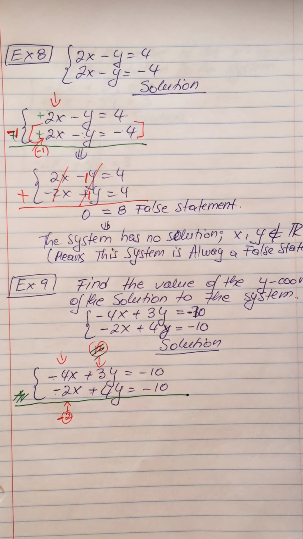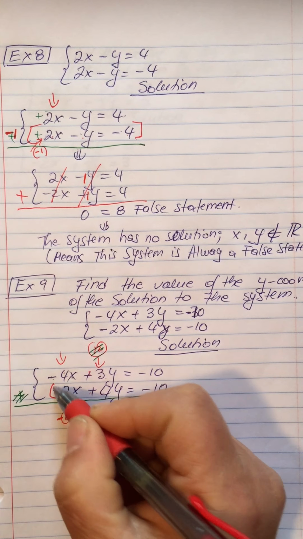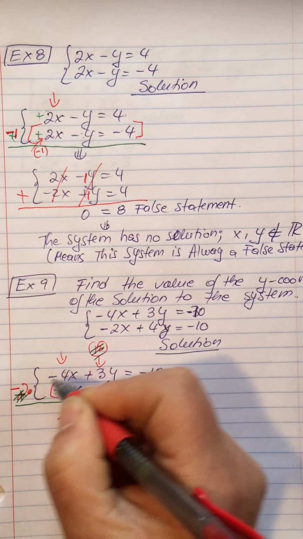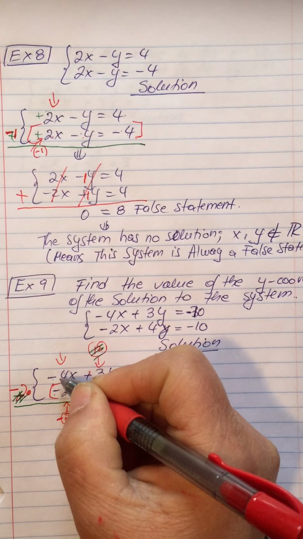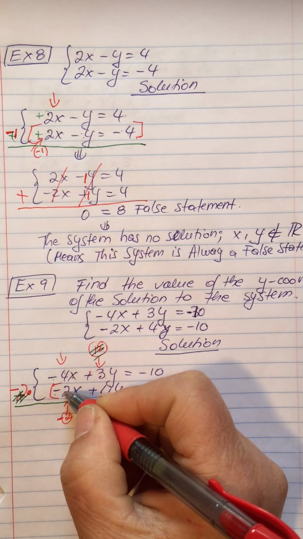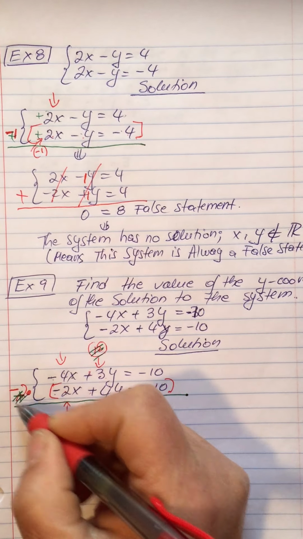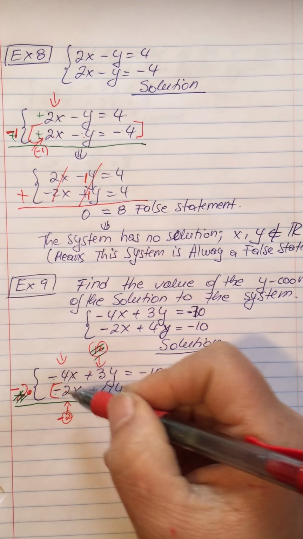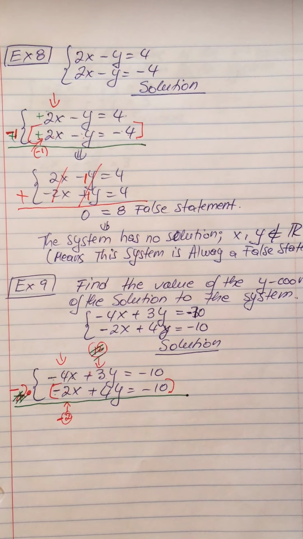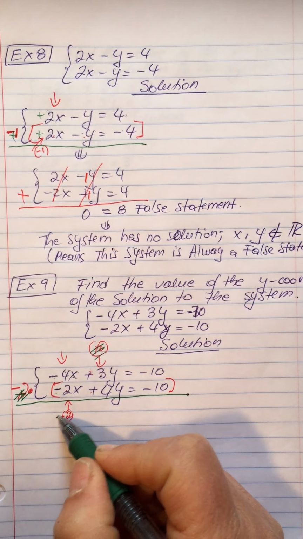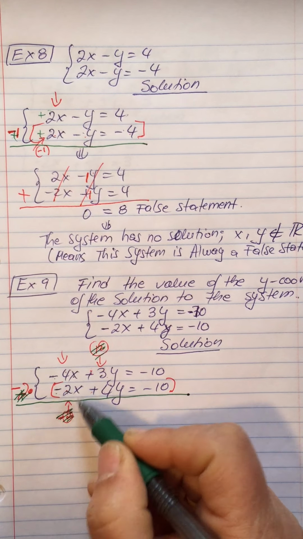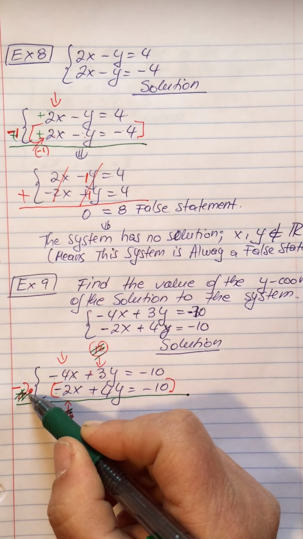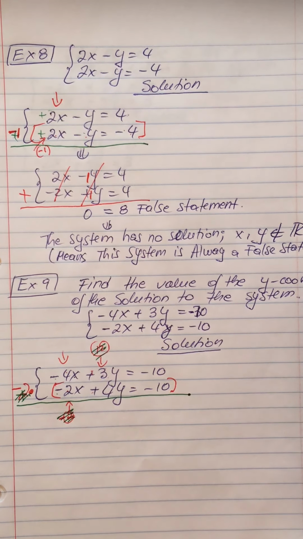So let me multiply the second equation by negative 2. You can multiply the first equation by negative 1 and this by positive 2, but why do two jobs on both equations? We are not allowed to change only the coefficient of x, so we have to multiply by negative 2 through the equation.